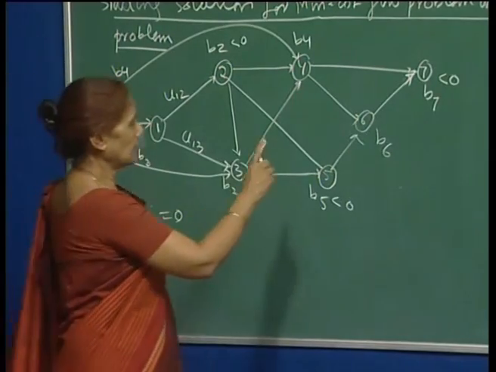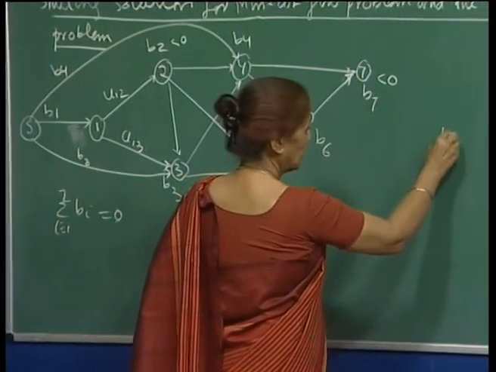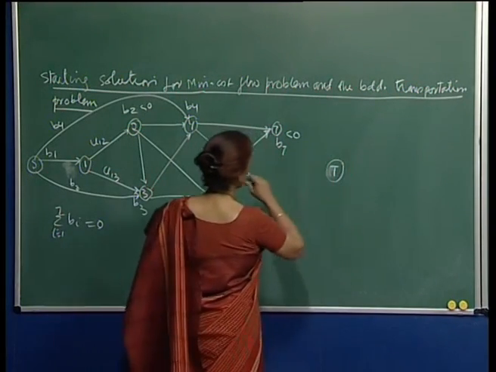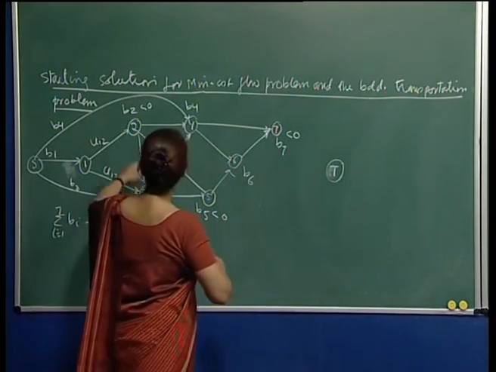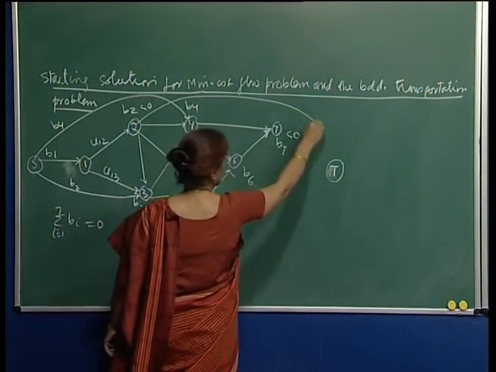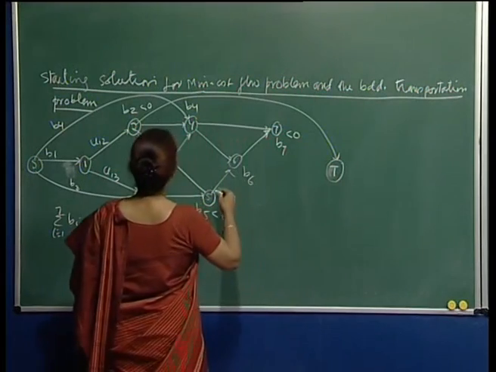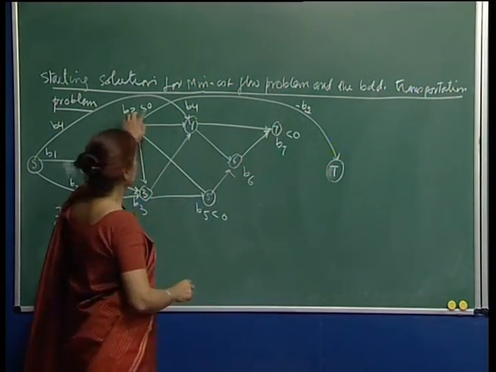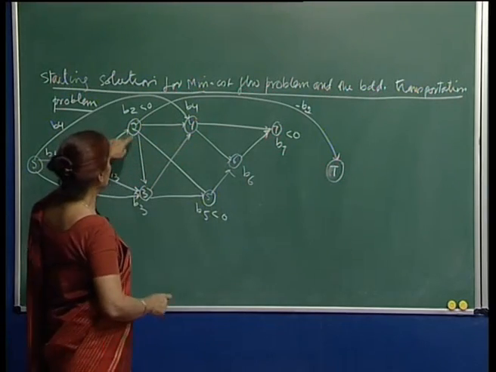Fine. And then for the demand nodes, I will add a super sink t and connect them to it. For b2, I draw an arc this way, and the capacity here will be minus b2, remember, because this is negative and I need this capacity to be positive.